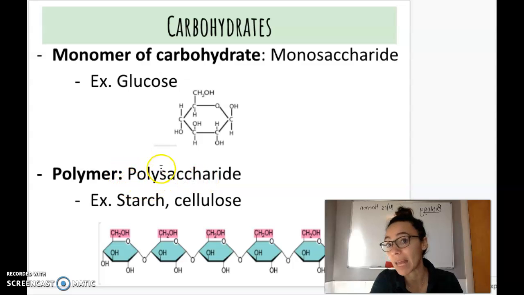Poly means many, saccharide means sugar. So this is many sugars bonded together. Some examples of polymers of carbohydrate are starch, cellulose, and you can see here if this is one sugar, when we bond many sugars together, that's when we get a polysaccharide. Okay, right? Monomer, polymer.